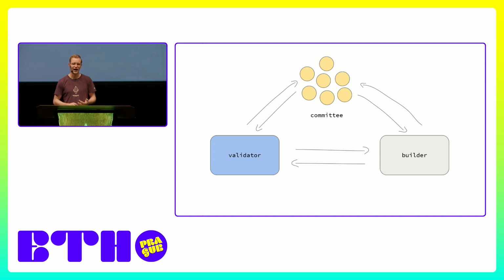And so maybe we added some sort of committee that lives external to the network, similar to how it would be in the PBS world, where the validator sends all of its messages through the committee and to the builder. That way, if the majority of the committee checks off and says, I saw this information, then we have an even better idea of whether or not that information was actually revealed.